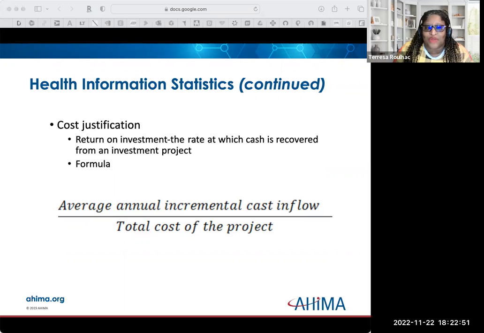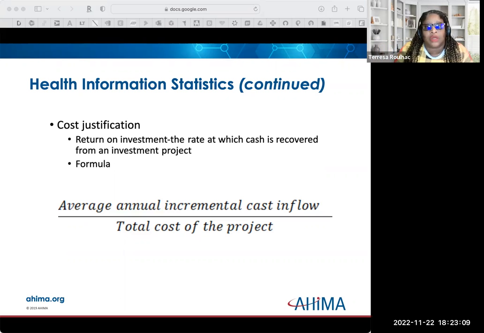Where our project is going to last a number of years, we talk about present worth calculations, that's going to be used to compare 1 year with another to allow for the time value of money.